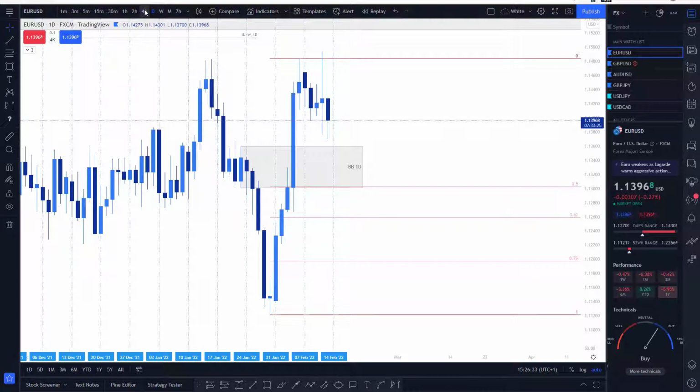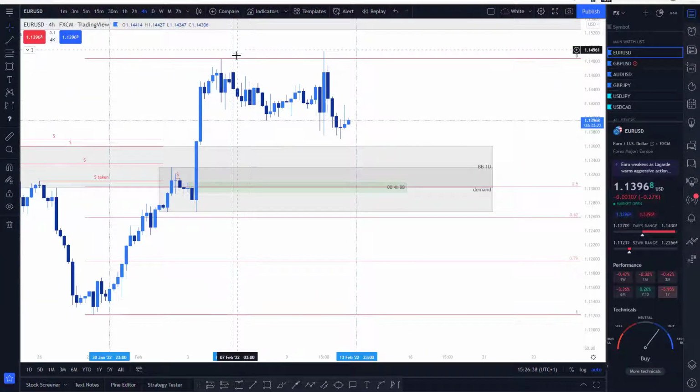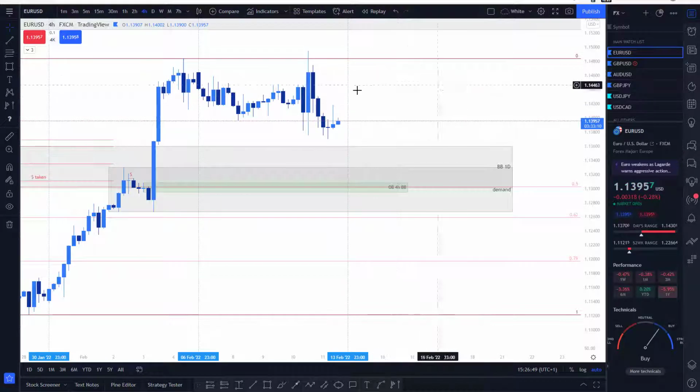And now let's switch to the 4-hour. So the weekly started bearish, and then it made a pullback, and this was all liquidity creation. So first the buy side liquidity, and then sell side liquidity here.